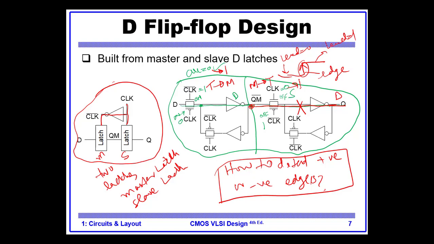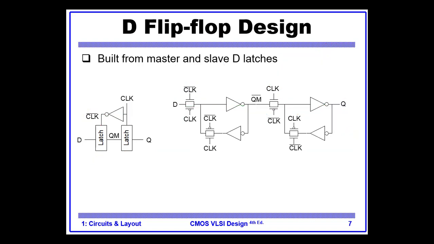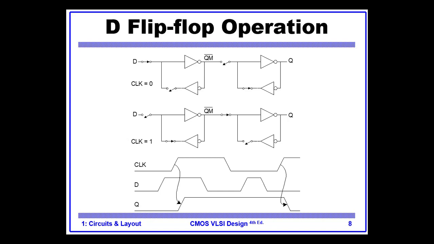On the next slide we have further details. Again it is the same scenario. When clock is 0, what is happening? This master is transparent, the slave is in memory mode, but you see here the disconnection, so the input cannot propagate to the output.